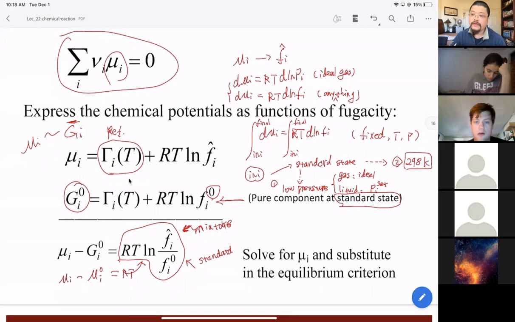All right, so what do we do? Well, we have this top equation, and that's for any reacting system of mixtures. Then we know how to express the chemical potential by the fugacity with the help of a reference state. Then, of course, we are going to replace mu I by the last equation on this slide.